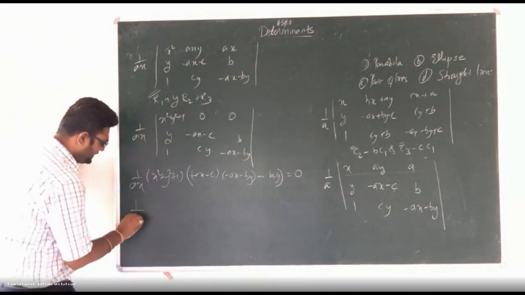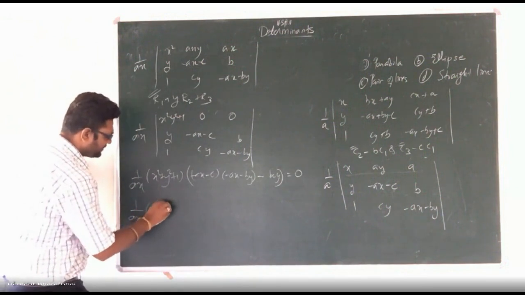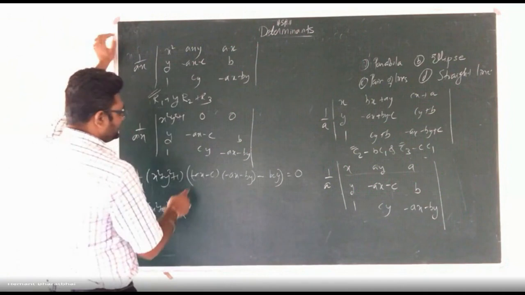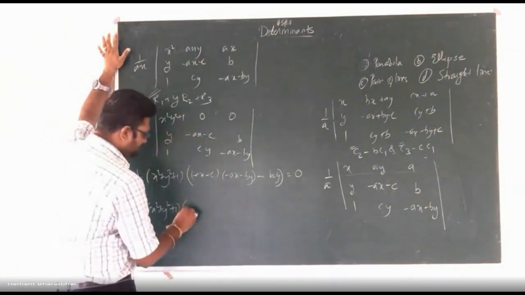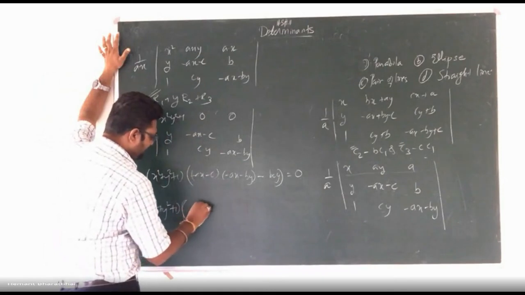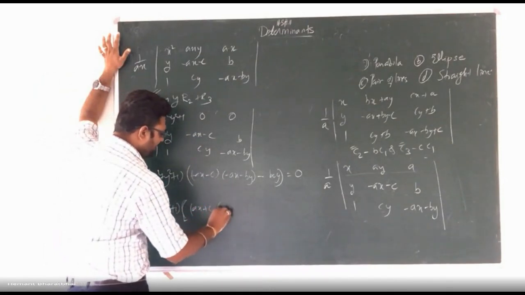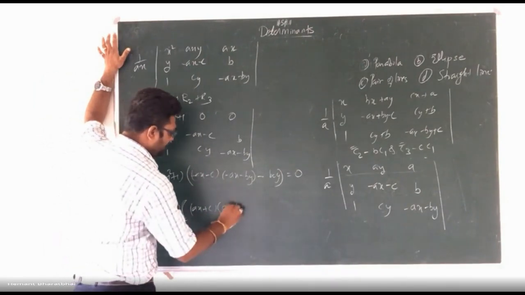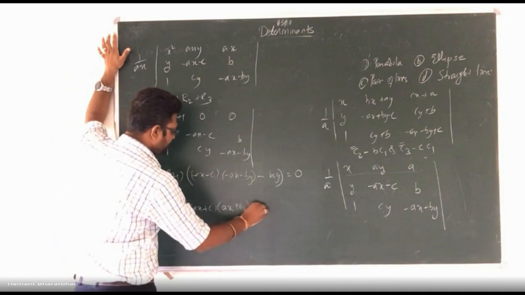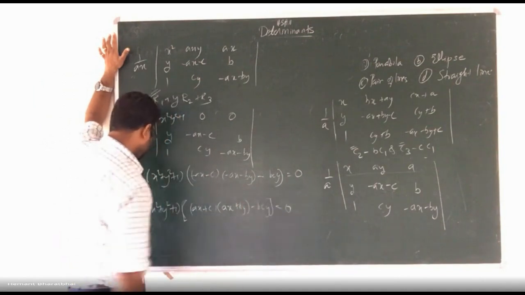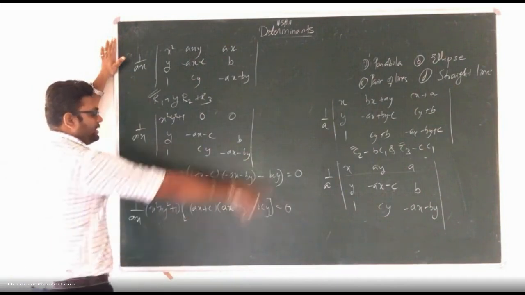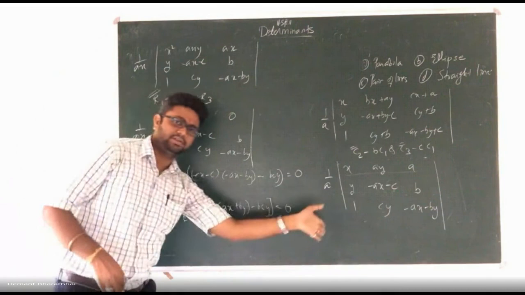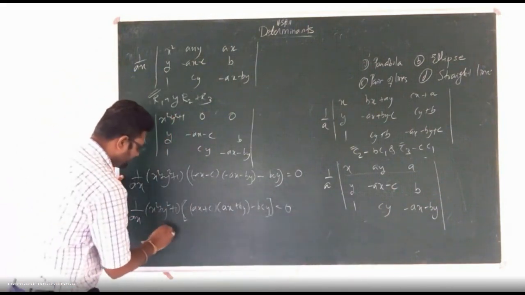So 1 upon ax into x square plus y square plus 1 into this; the minus sign from here and the minus sign from here will get cancelled out. So inside I'll get ax plus c into ax plus by minus bcy equals 0. This ax will go over there, and that anyway is going to become 0, since 0 upon this is anyways 0.